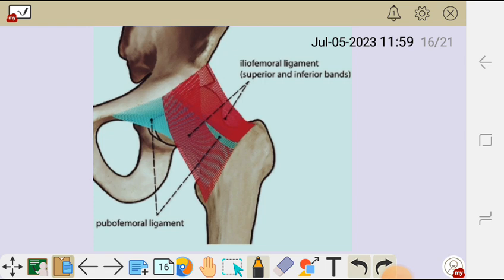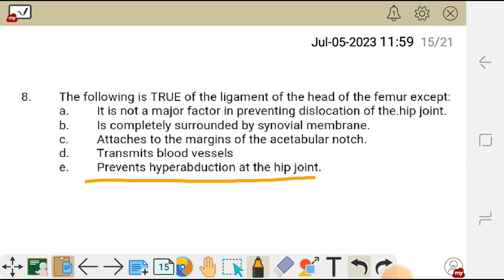Okay, so except E, the ligament of the head of the femur is not responsible for prevention of hyperabduction at the hip joint. So except E. So question 8, the correct answer is E.